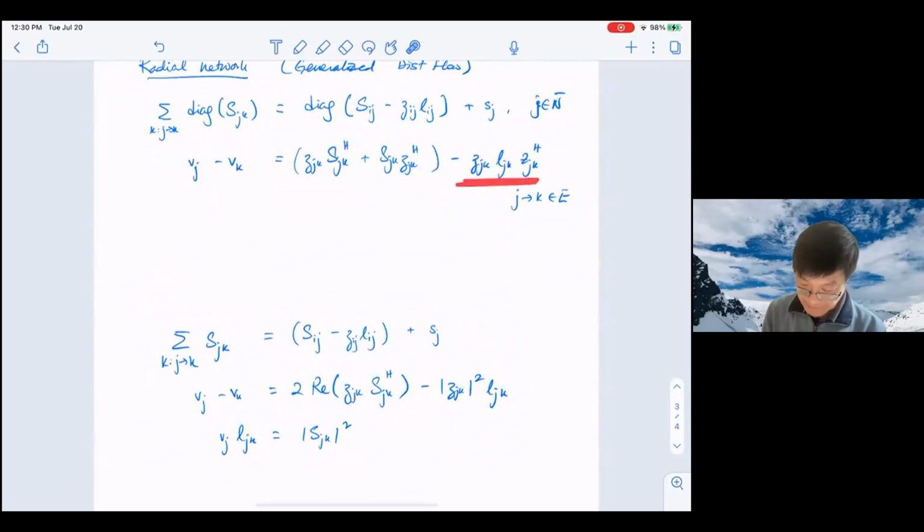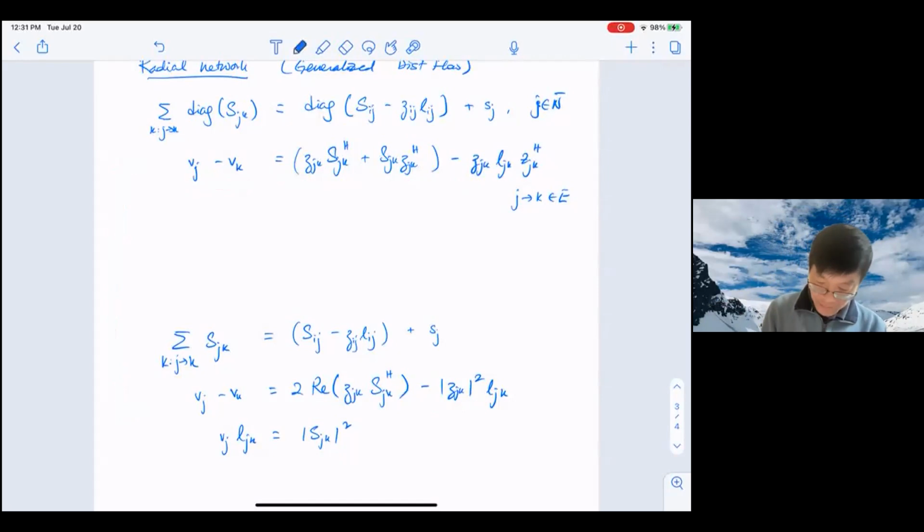If this is scalar, then Z_jk and Z_jk complex conjugate is simply this. And therefore, in terms of the syntax, formally, they look almost exactly the same. Of course, here it's a 3-dimensional vector and 3x3 matrices. Okay, that turns out to be the right generalization.